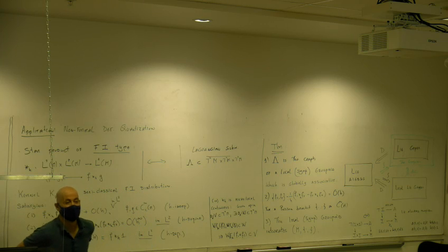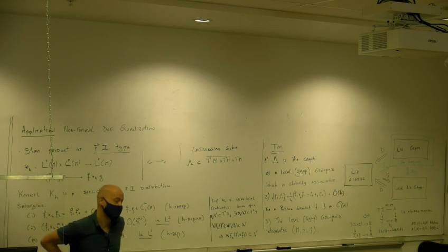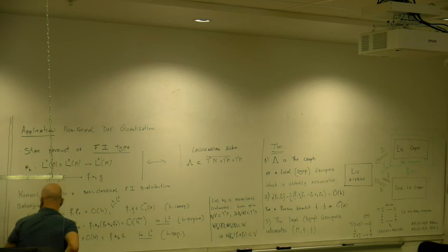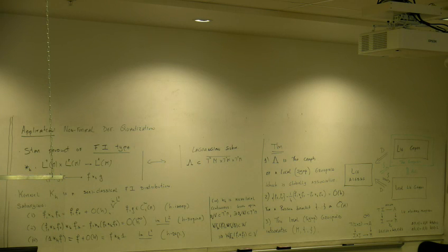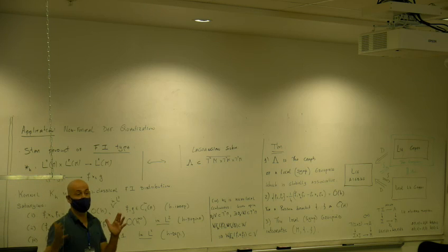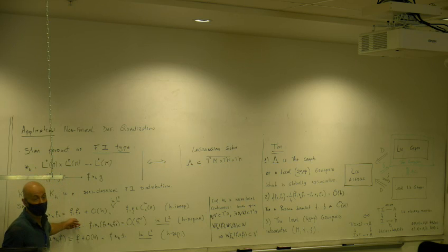Where does H live? H is a parameter living in the open interval (0, 1), if you want, or H0 for a fixed H0. What you want to look at is what happens when H goes to 0, when this is deforming the usual product.